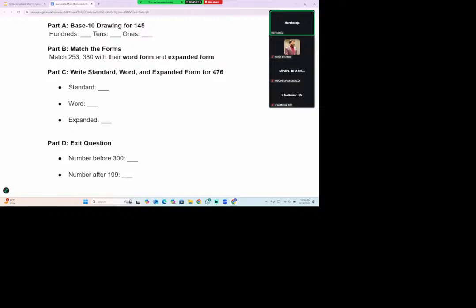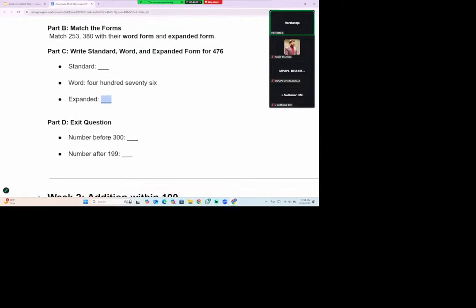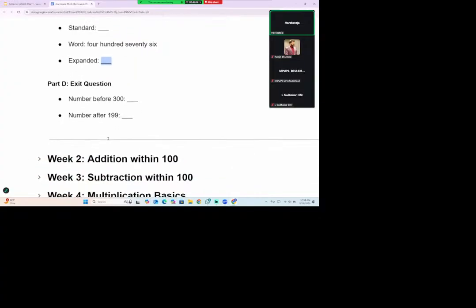So here's 476, and so let's just do word form first. 476. And we should already know this from the last class. And now in the next class, we're going to learn standard and expanded a bit better.